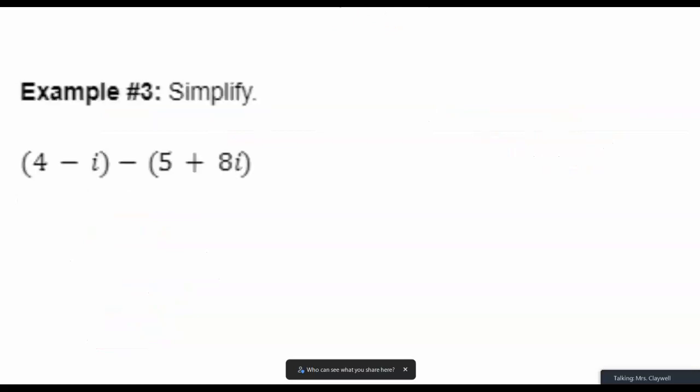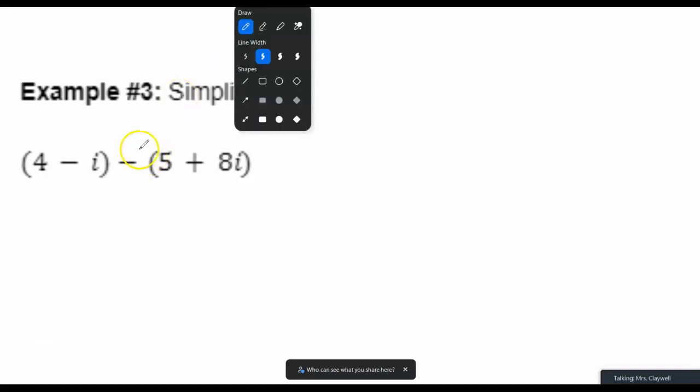Go and flip to the back page of your notes. Similar idea here. I just have to distribute this negative. If it's helpful, rewrite it with your like terms by each other.